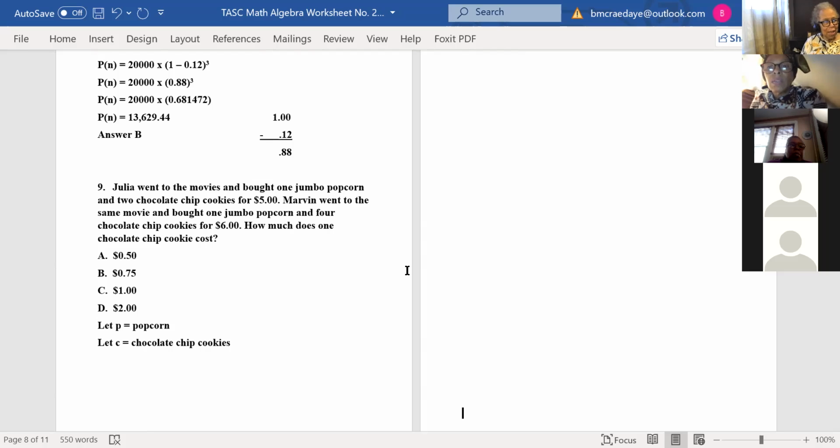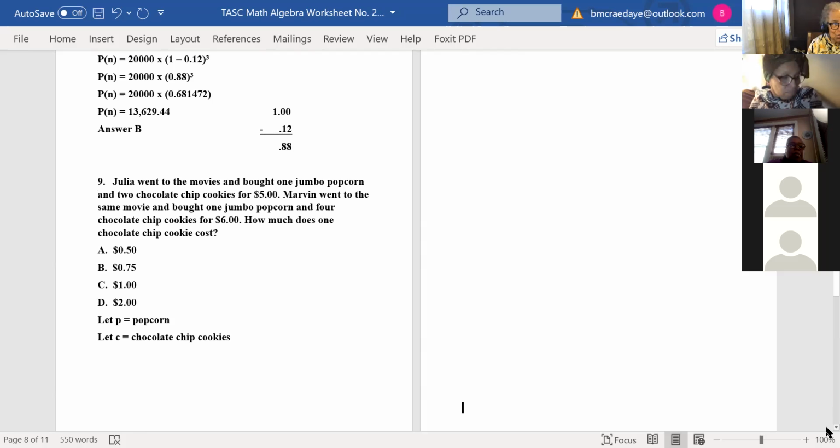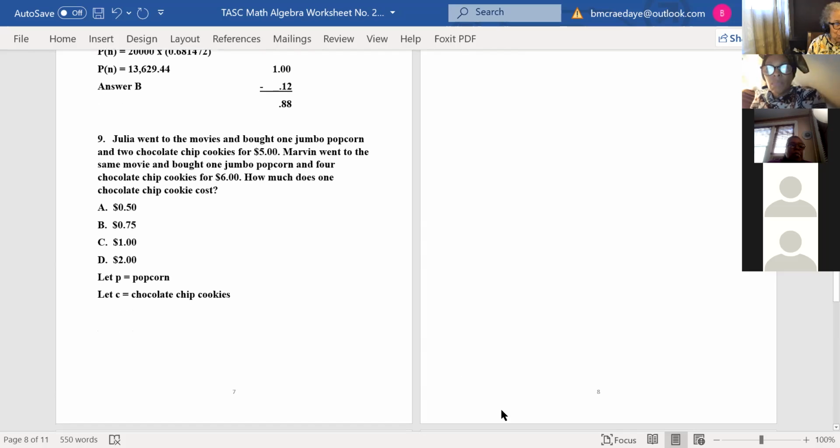Okay. Now, how would you solve that? How would you translate the words to equations? Tell me how you first start with what Julia bought. So translate Julia's to the math.